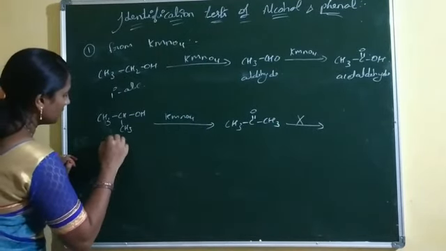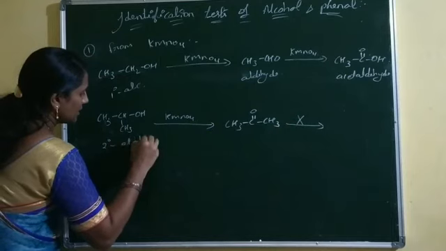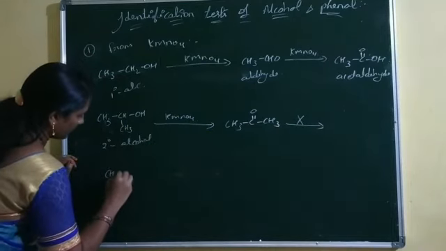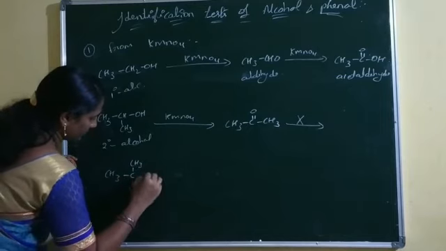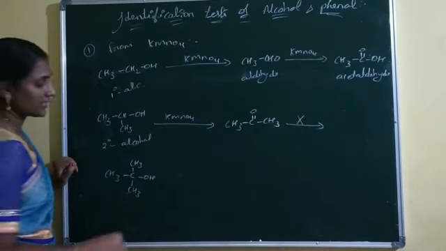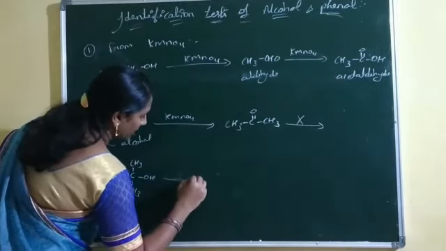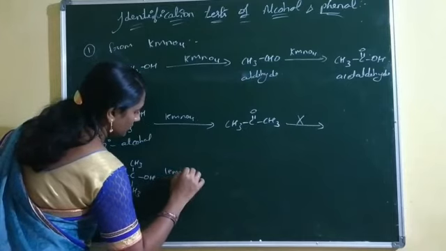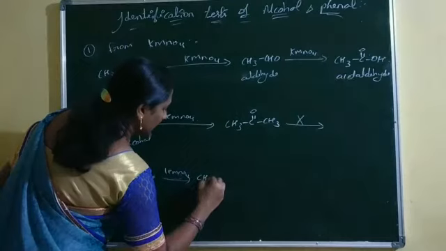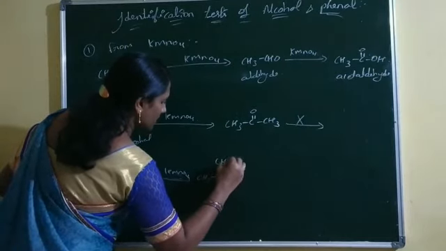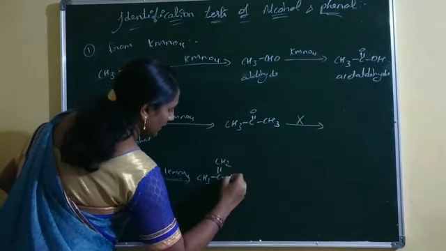Now another one, you take tertiary alcohols. This tertiary alcohol is treated with KMnO4. Tertiary alcohol group turns to alkene.